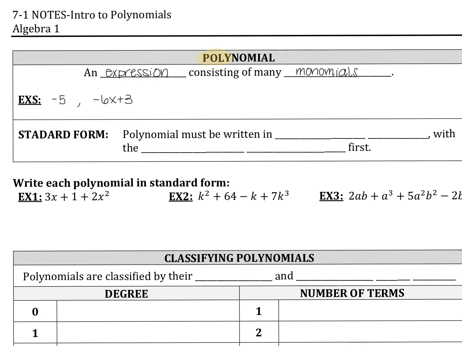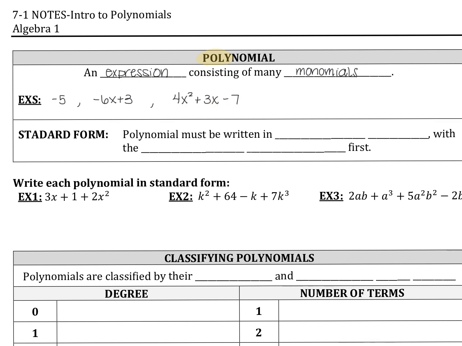We might give this a more specific name. With two terms, it's a binomial. We're going to reference that again in a moment. Another polynomial might be 4x squared plus 3x minus 7. This is a polynomial. We happen to have three terms.